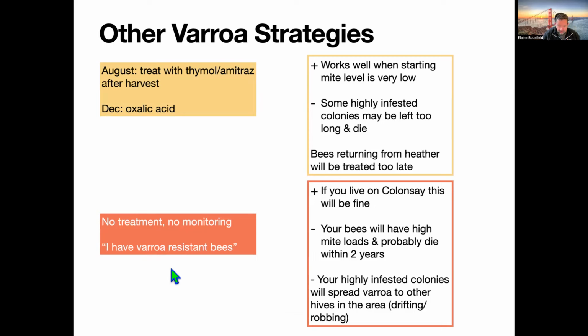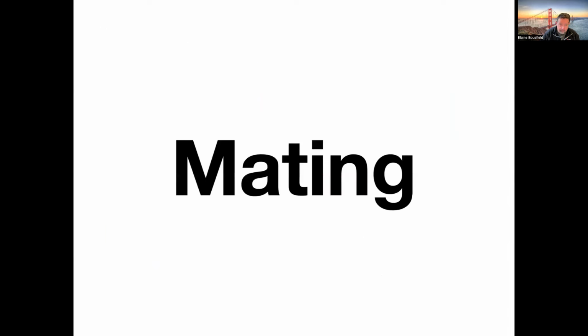So the idea of not monitoring is crazy. I perfectly accept that if you monitor your bees and you monitor your mites and they're low, then fine, don't treat them. But you can't say, I've got super bees that can beat Varroa without proof. And the proof is doing the alcohol wash.